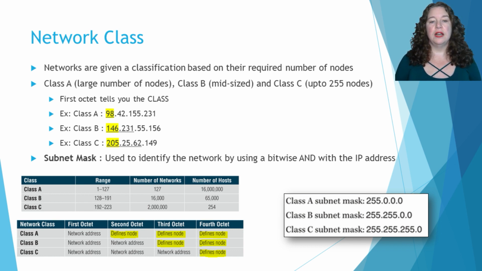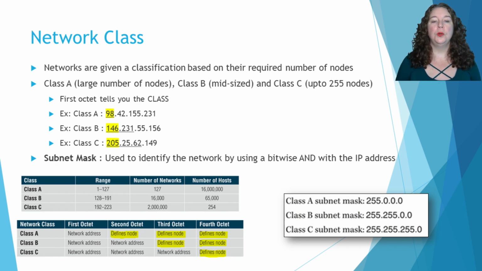Then we get into a class C. In a class C, we use the first 3 octets to define our network. So instead of just being the first octet or the second octet, we use all 3, and they start at 192 and work their way up to 223. We don't go all the way up to 255, but we'll talk about those in a minute. Those are reserved. So for a class C network, if your first octet is between 192 and 223, we are in a class C network.